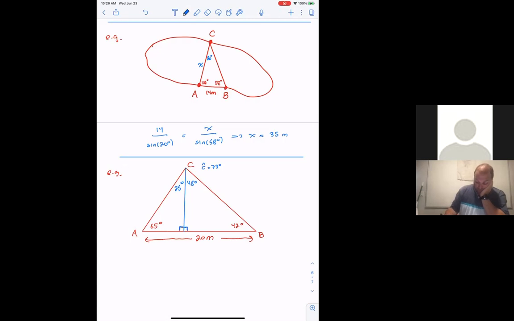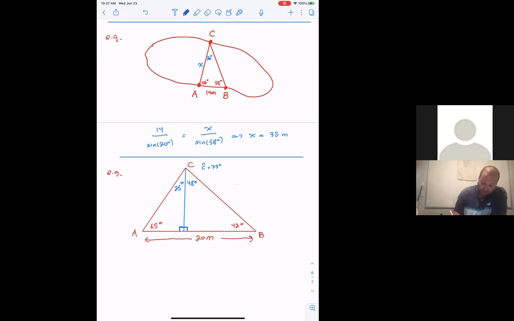But the question is, how do we find this length? Well, if I can determine one of the three lengths of either the left triangle or the right triangle, or two of the lengths, then, one length, I can use SOHCAHTOA.